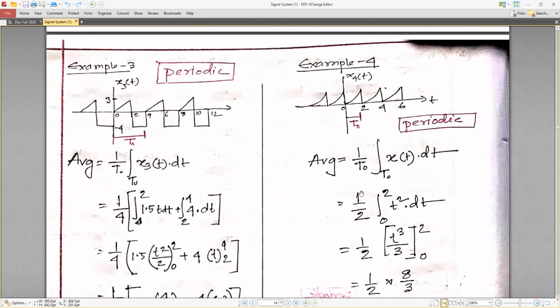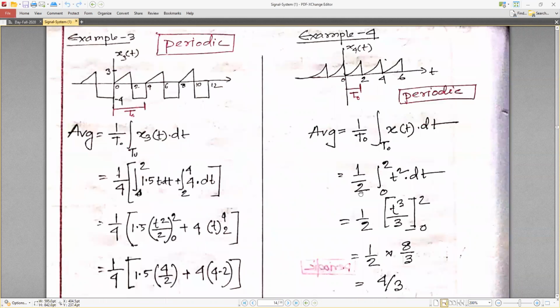Okay, let's look at some other examples, periodic and non-periodic. See, another kind of signals are there. See the signals. So this is periodic, right? It has been observed that it is periodic. So the formula is 1 by t naught. Say it is x3(t).